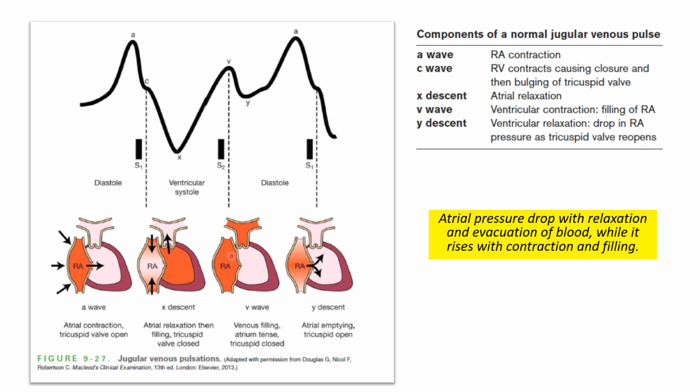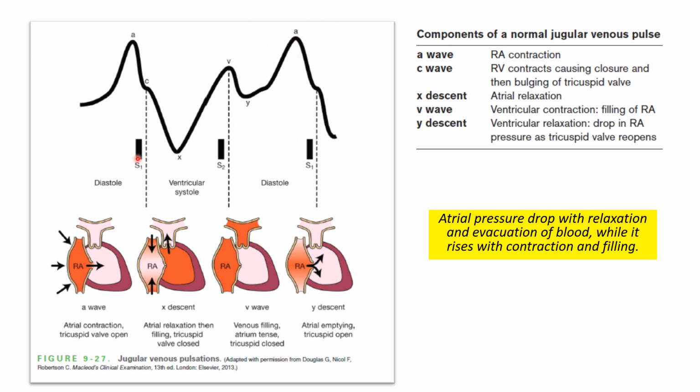When the tricuspid valve is opened, blood will gush from the right atrium into the right ventricle, and because blood is gushing out, the pressure will drop again in the right atrium or in the neck veins, producing another descent which is called Y descent. And then at the end of diastole, the right atrium will contract and produce the A wave again.